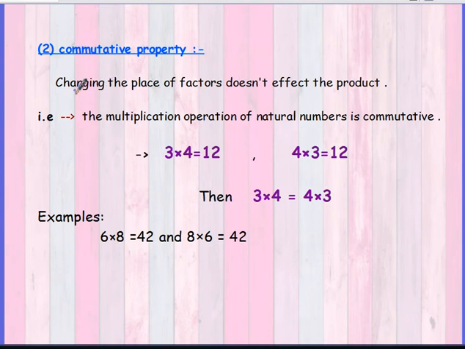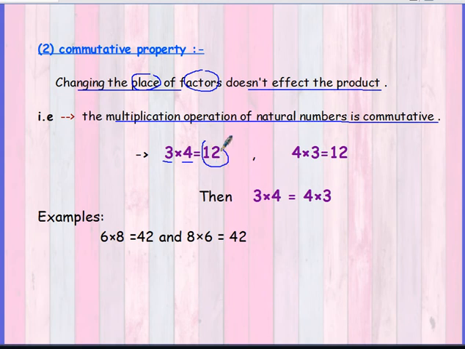Commutative property. Changing the place of factors doesn't affect the product. The multiplication operation of natural numbers is commutative. That means 3 times 4, they are two factors, equals 12. If I replace the two factors and let them be 4 times 3, then the product is also 12.